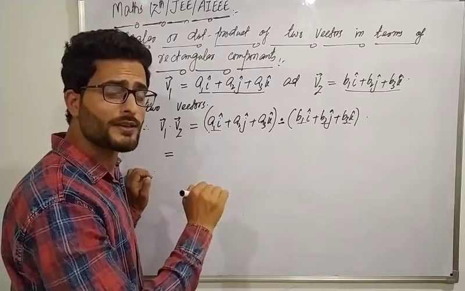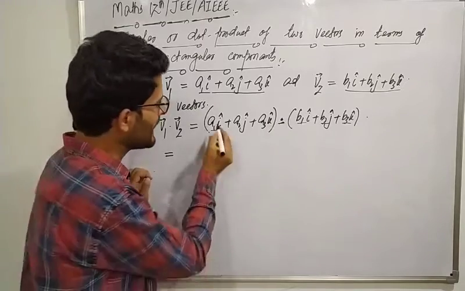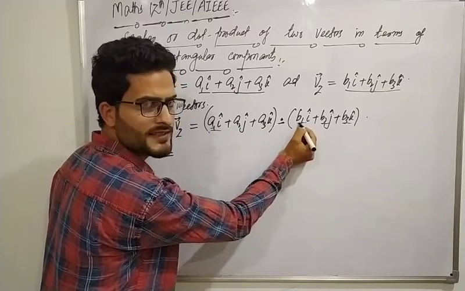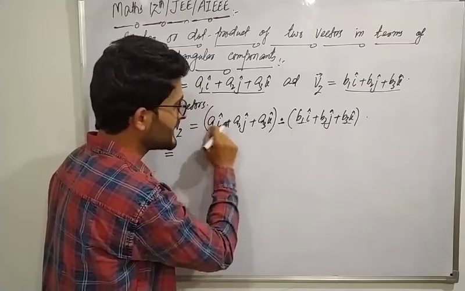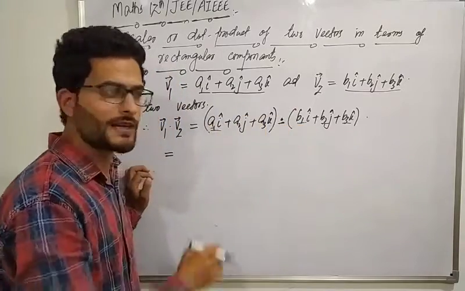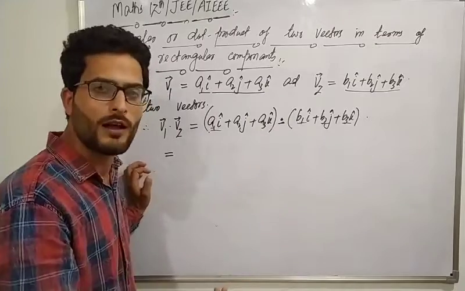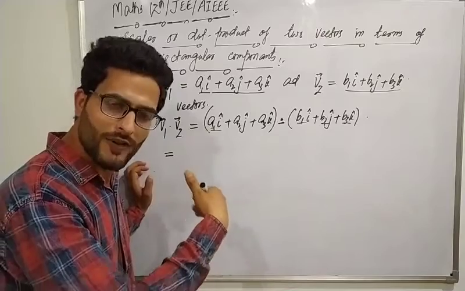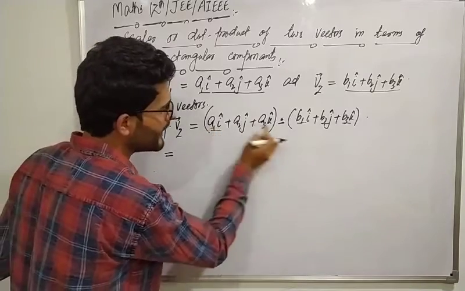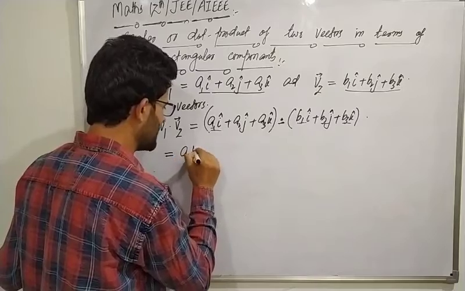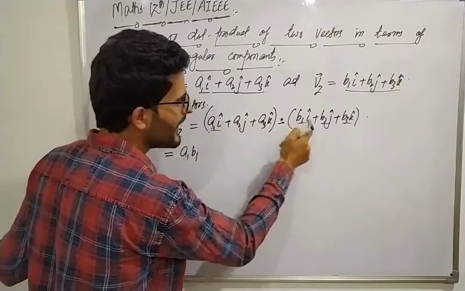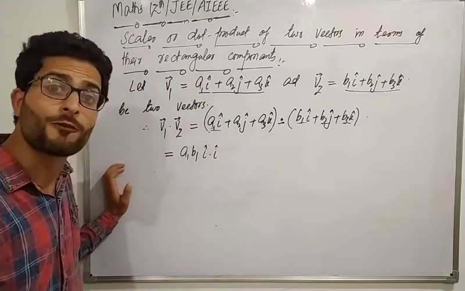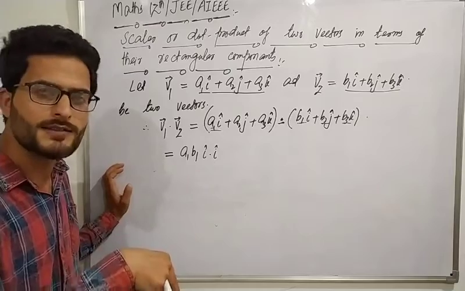तो क्या आएगा रिजल्ट, a1i डॉट b1i, डॉट प्रोडक्ट जो है वो किन के लिए है, वेक्टर्स के लिए। लेकिन अगर वेक्टर के साथ में एक स्केलर मल्टीपल है a1, यहां पे भी वेक्टर के साथ में एक स्केलर मल्टीपल है b1, तो स्केलर का डॉट आपस में नहीं होगा, स्केलर और स्केलर का डायरेक्ट मल्टीपल होगा, because dot product is for vectors, not for the scalars. So यहां पे सीधे a1 into b1, that is directly a1 b1 and i dot i, because dot product is meant for vectors, not for the scalars.